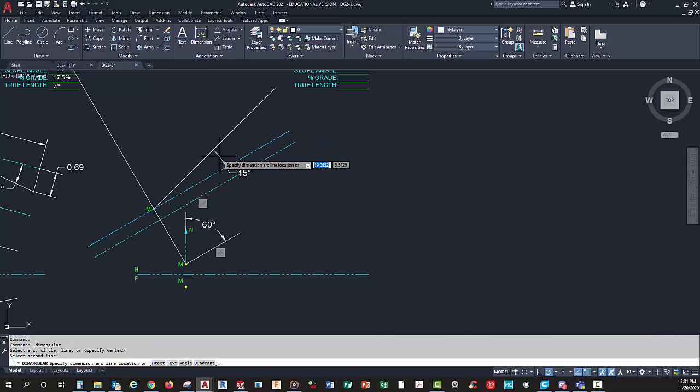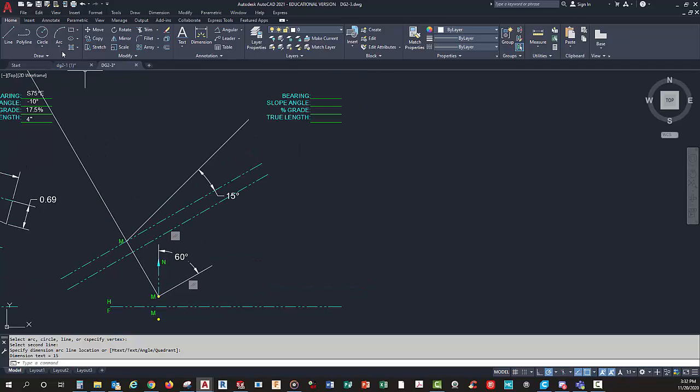So we've got our bearing. We've got our angle. Now we need a line that goes from here perpendicular to my fold line. Okay, so that is my rise. So I need to go with my line dimension. And it doesn't matter that it doesn't touch the goofy fold line. I'm not worried about that.